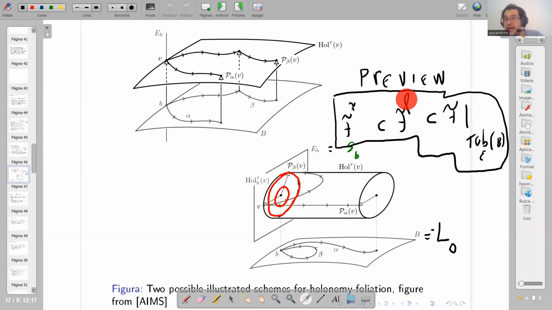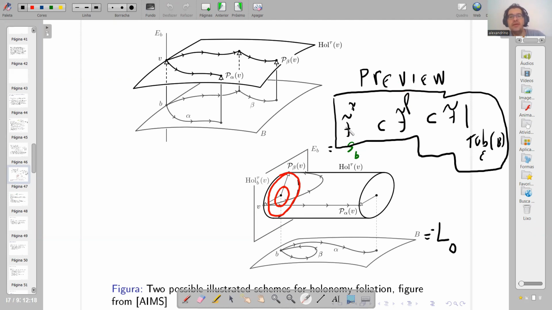This guy is kind of an intrinsic subfoliation, okay? It doesn't even depend on the metric. If you change the metric so that you stay with a Riemannian foliation, this guy is preserved, okay? So this contains kind of topological information.